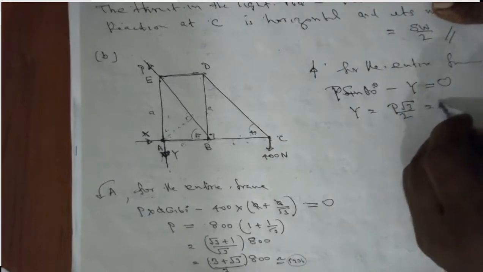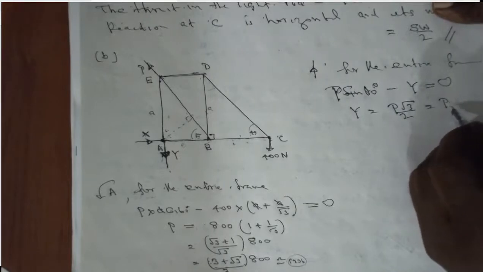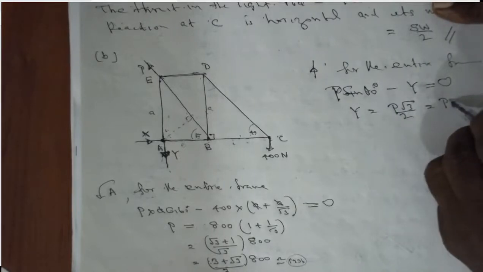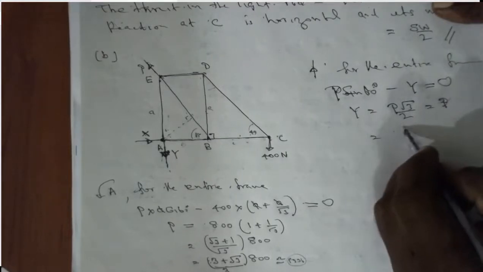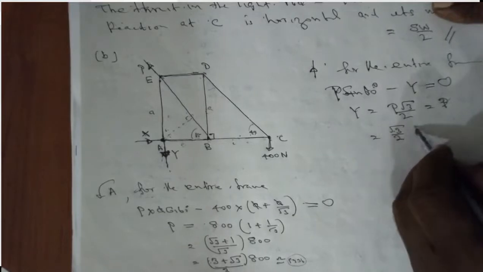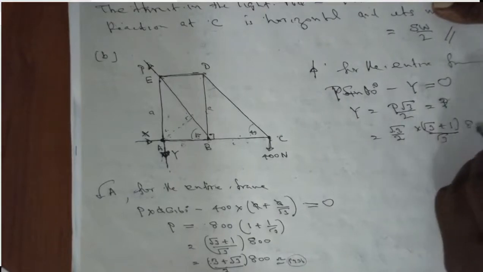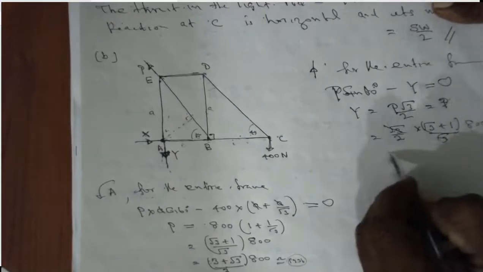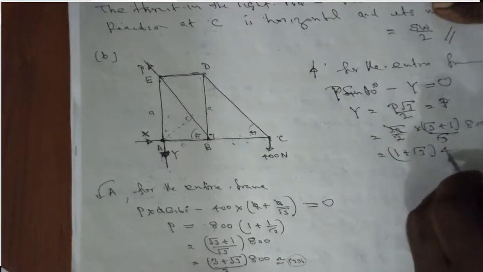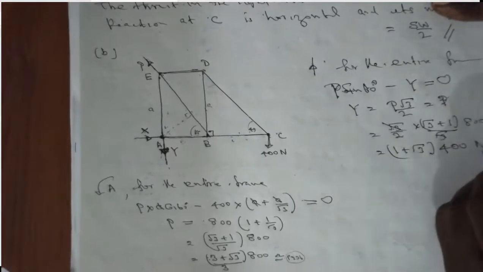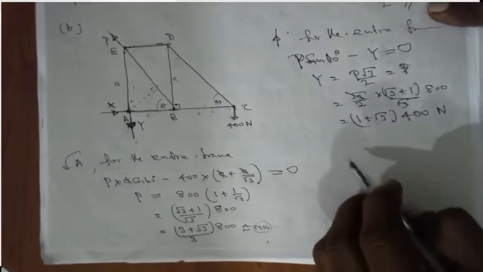That is p root 3 by 2 times root 3 plus 1 over root 3 times 800. That is 1 plus root 3 times 400 Newton. So this is y. Then how do you calculate x?